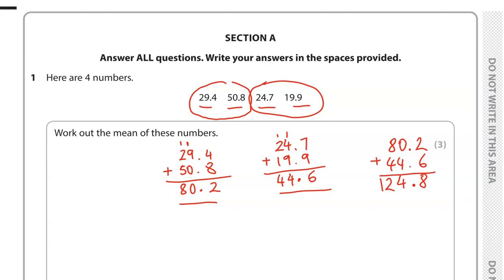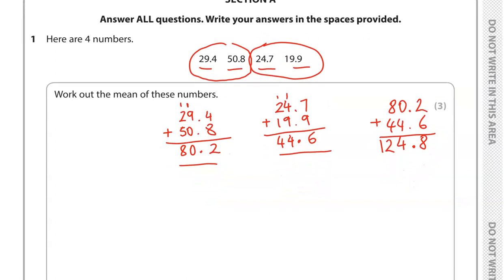Now we're going to divide that by 4, because there are four numbers, as we said. So 124.8 divided by 4. How many 4s would fit into 1? There would be none, so that's why we're going to try and fit 4 into 12. So we can do that for the first two digits.